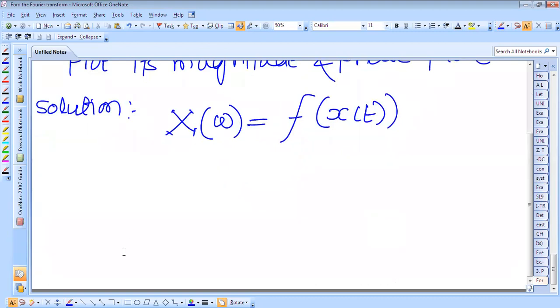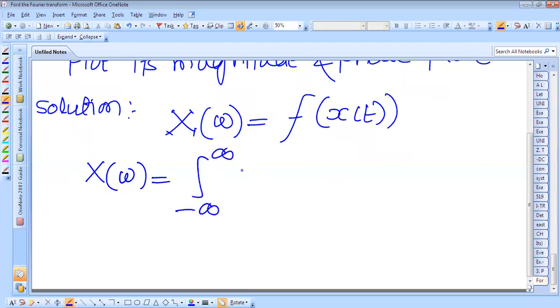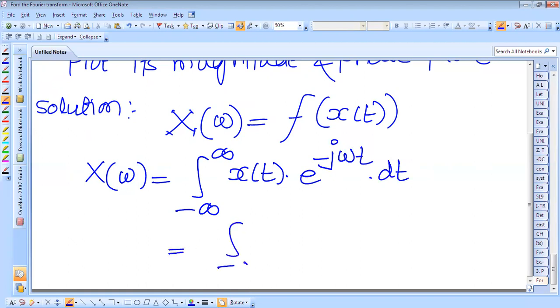So the equation is X of omega is equal to integral from minus infinity to infinity x of t into e raised to power minus j omega t into dt. So put the value of x of t, limit minus infinity to infinity.